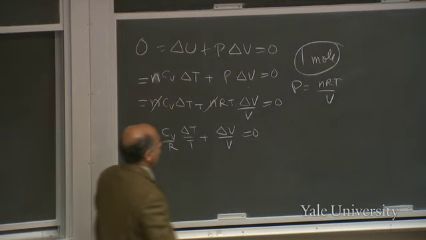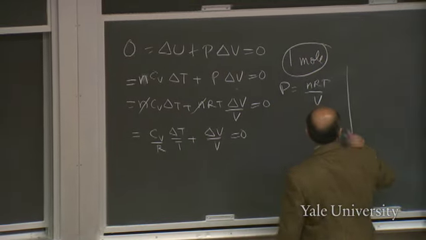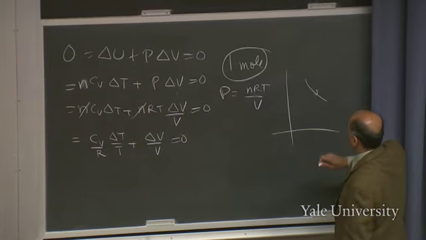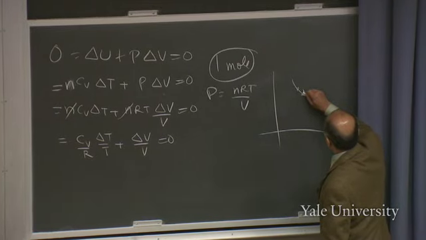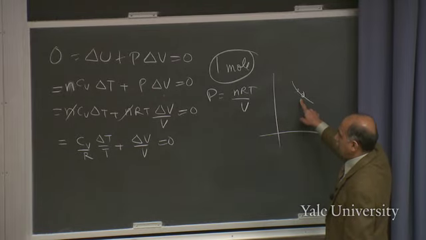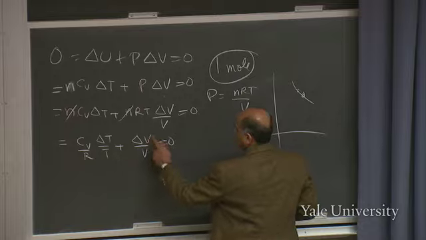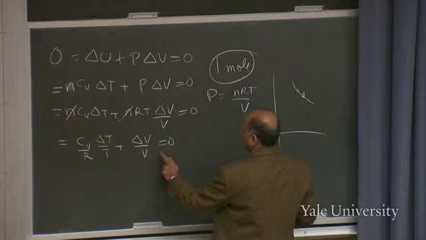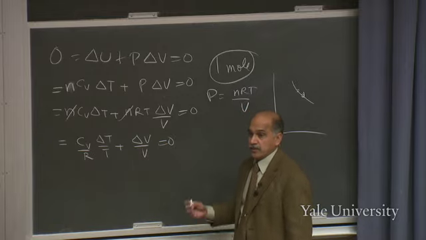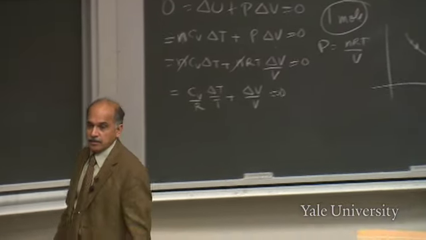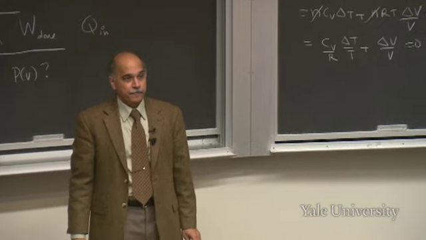This is telling you that as you change your volume and you're coming down this graph of adiabatic expansion, when you go from there to there, there's a change in temperature such that the change in temperature divided by the temperature plus the change in volume divided by the volume should add up to 0. That is a condition of no heat flow. So it relates the change in T to change in V.